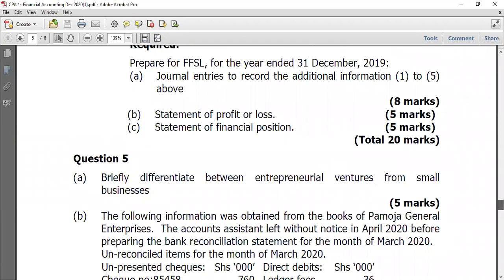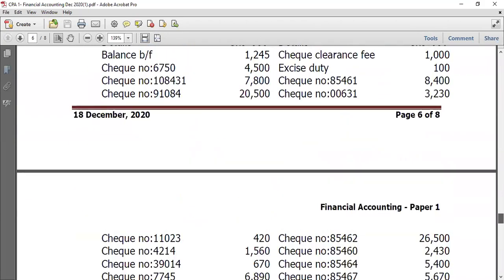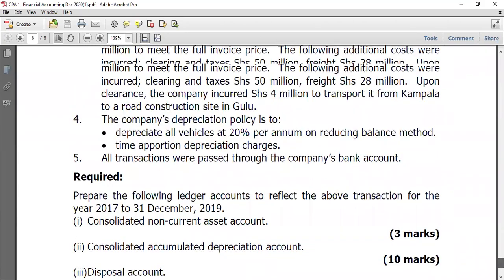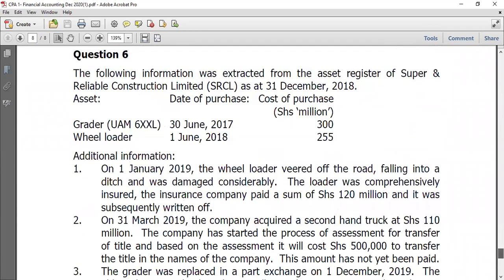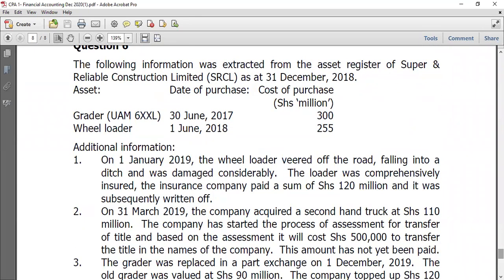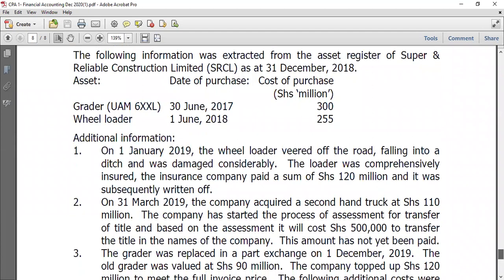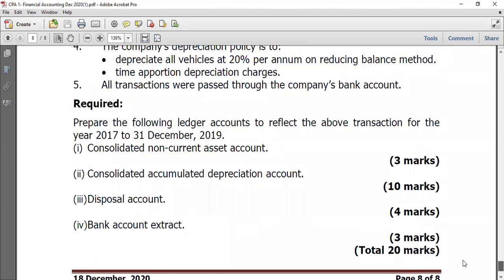It's about depreciation, disposal, and then we also have the bank account. When you get down to the required, they want us to prepare the following ledger accounts to reflect the above transactions for the year ended 31st December 2019, okay?